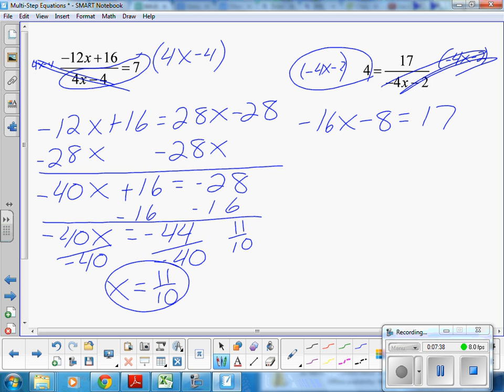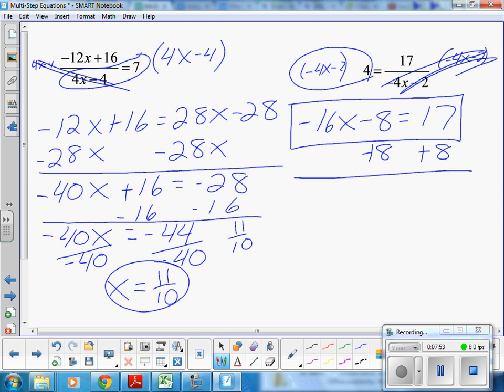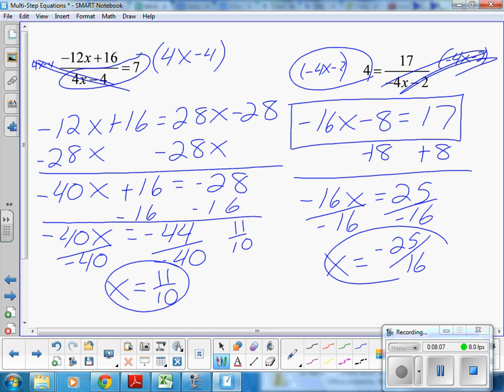Most of you will look at the computer screen, especially after you've done a couple problems, and go right to this, which in this case is a two-step equation. So then you add 8, that will be a negative 16x equals 25. Divide both sides by a negative 16, and I get x equals a negative 25/16.